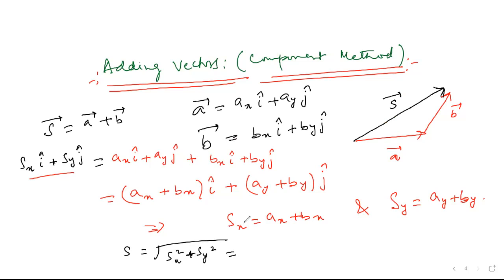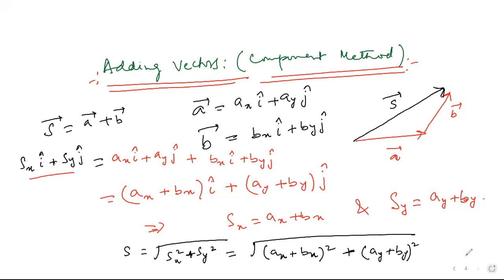So you can write it in terms of the components of A and B: the square root of (Ax plus Bx) squared plus (Ay plus By) squared. So you can see, knowing components of A and B, you can find the length of resultant S from this equation.